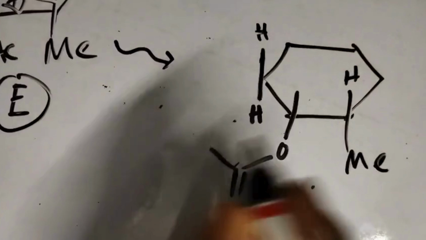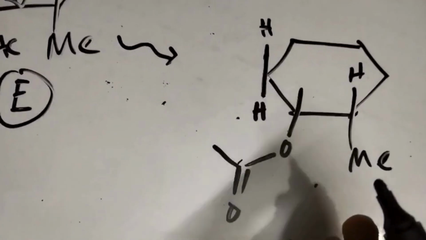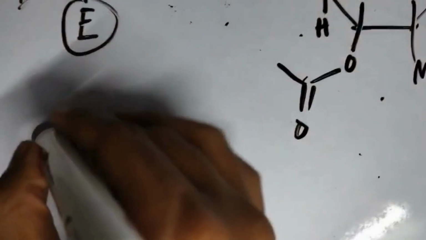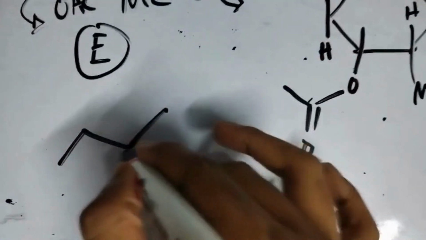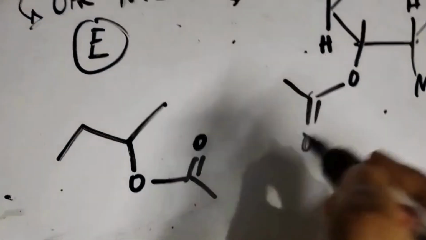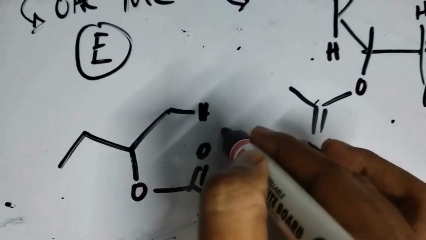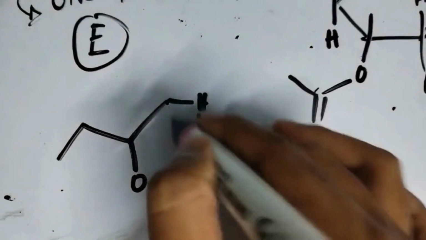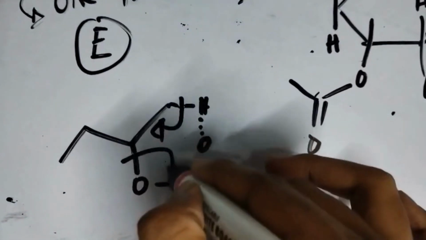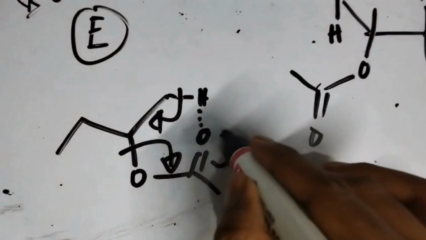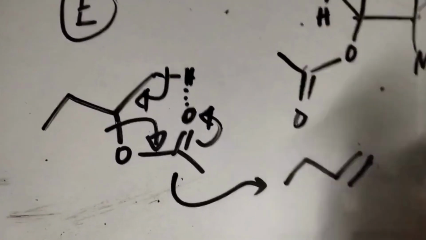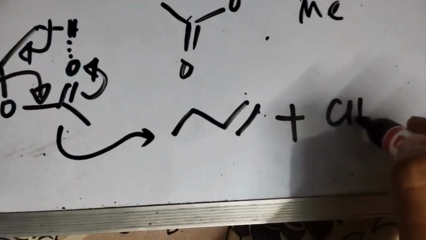So let's see the mechanism of this reaction in a simpler molecule, so that you can understand the mechanism and the transition states better. Let us consider a compound like this. This forms a 6-member cyclic transition state on heating, and this bond rotates here, and this bond rotates here, and this opens up.